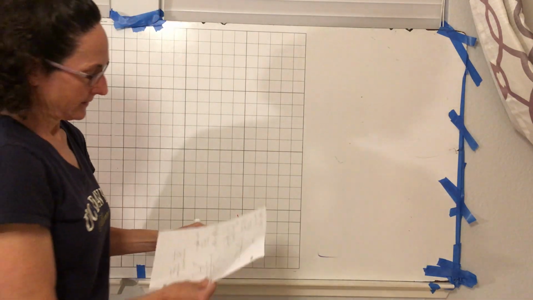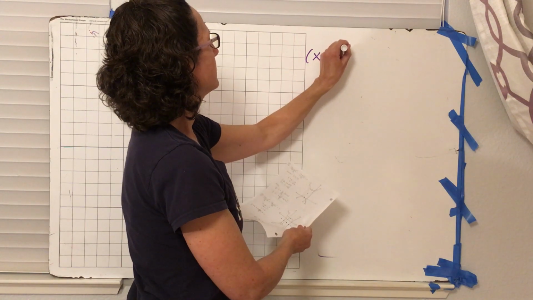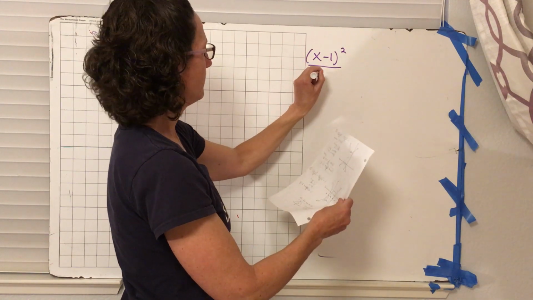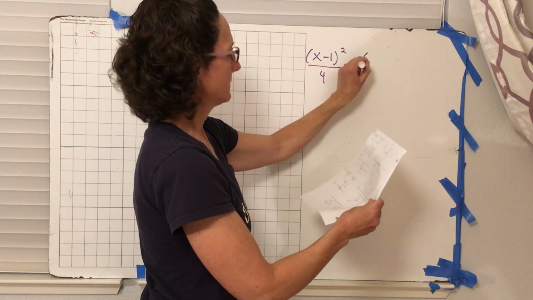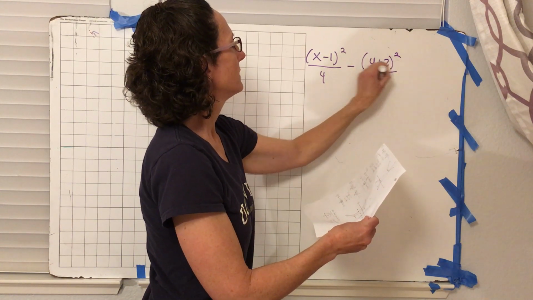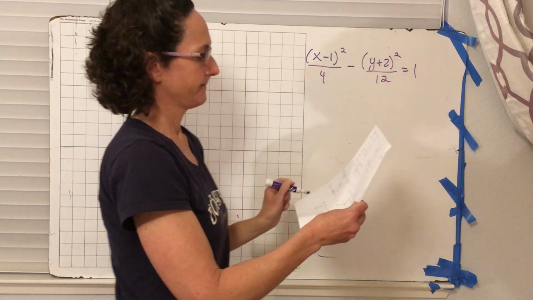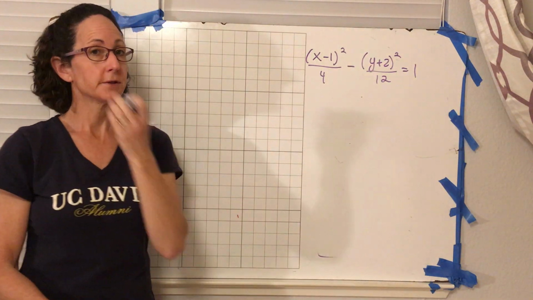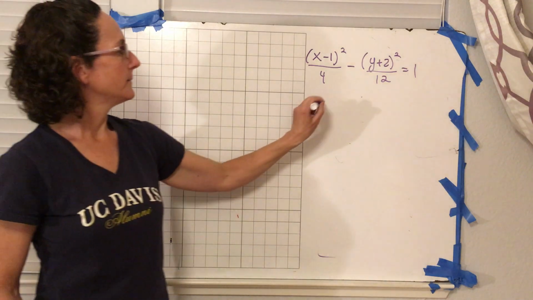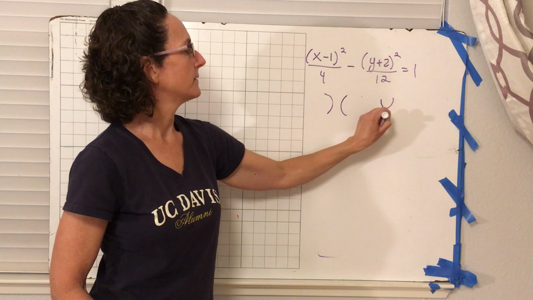Okay, this one is x minus 1 squared over 4 minus y plus 2 squared over 12 equals 1. So this is my first question for you guys. Is the hyperbola going to go like this, or is it going to go like this?